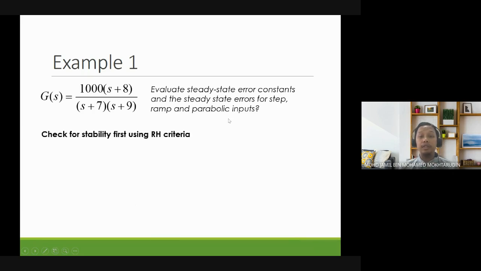Firstly, before we can evaluate the steady state error, we must remember that the system must be stable first. For an unstable system, there will be no steady state error. So first we need to evaluate the stability of the system using Routh-Hurwitz criteria.